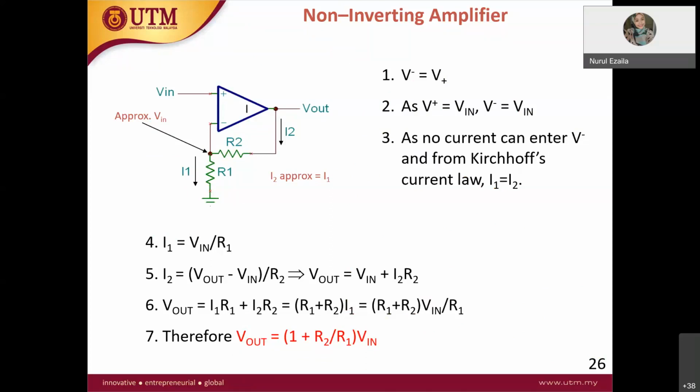To solve this is easy, by applying KCL and using two assumptions: V plus equal to V minus, and also current equal to 0. Let's derive it together.